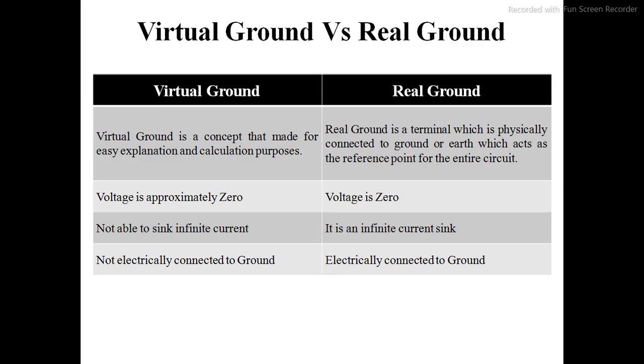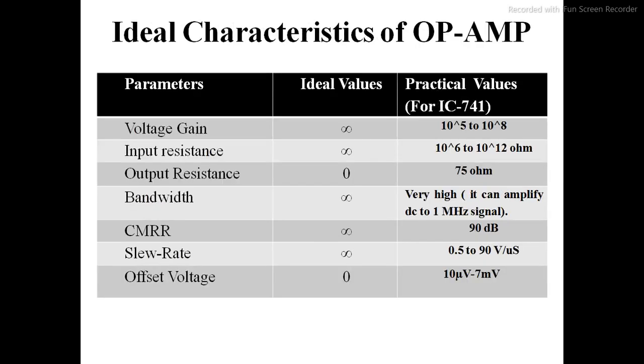The virtual ground is not able to sink infinite current, whereas the real ground is able to sink infinite current. Virtual ground is not electrically connected to the ground, whereas the real ground is connected electrically to the ground.